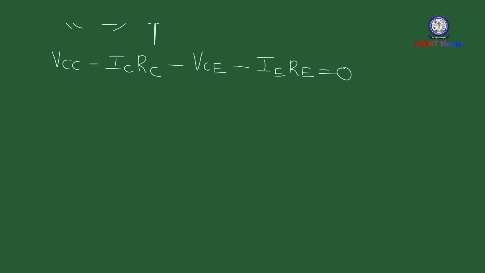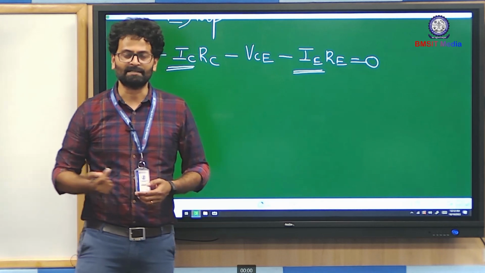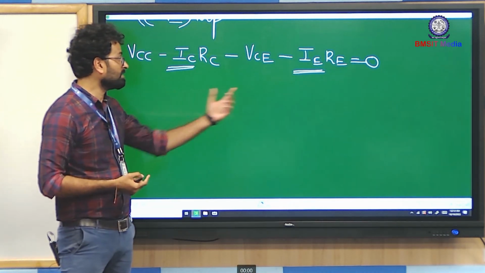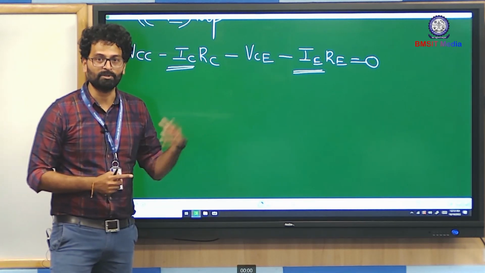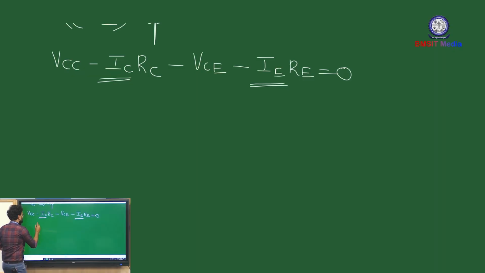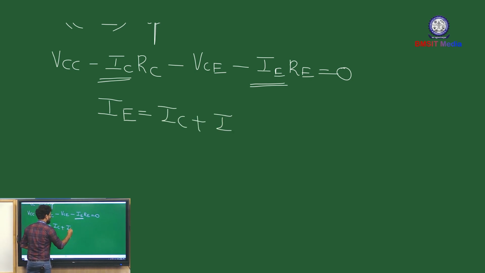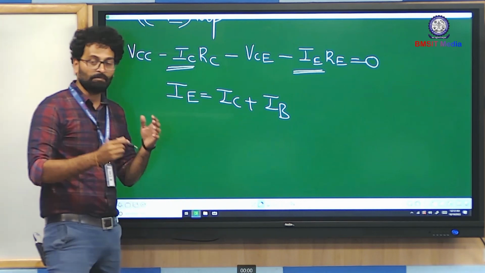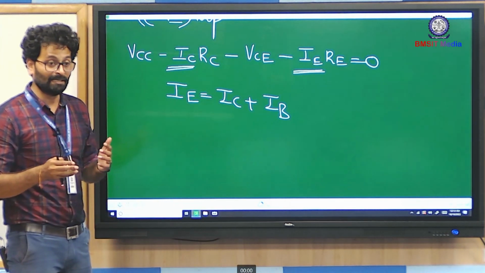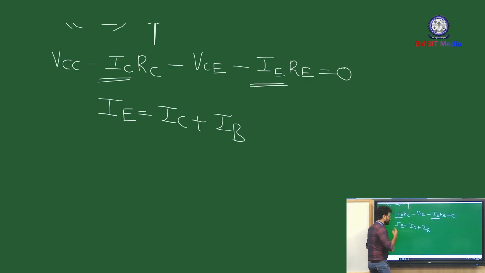Even in this equation you see there are two currents, IC and IE, and we consider output current as the collector current. So we don't want these two currents in the output equation. So you can make use of the transistor current equation, which is IE is equal to IC plus IB.